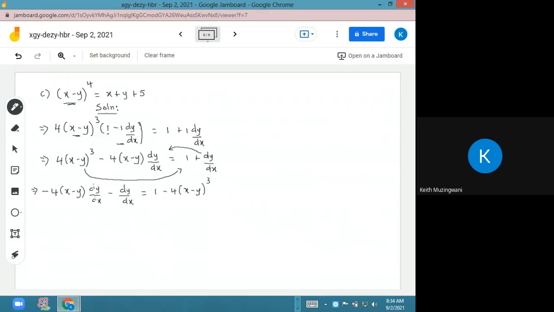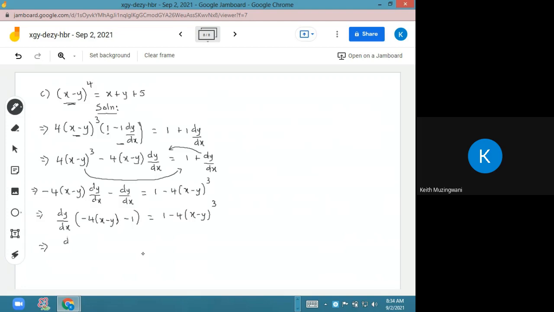And then we factor out dy dx. Then we'll have negative 4 times x minus y minus 1 is equal to 1 minus 4 times x minus y to the power 3, and then divide by everything.